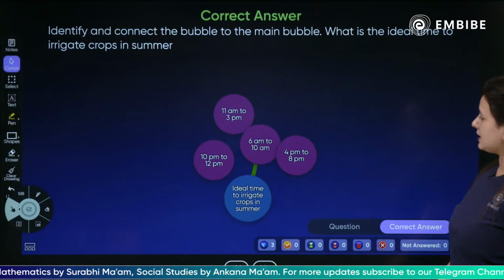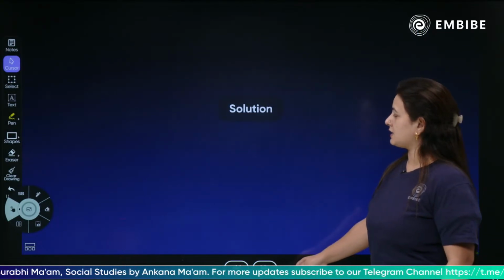Yes, the correct timing is 6 a.m. to 10 a.m. Just now we have discussed it.